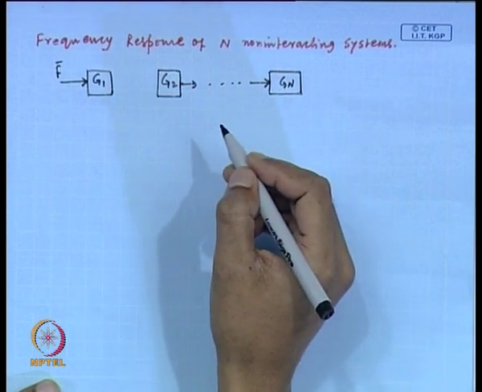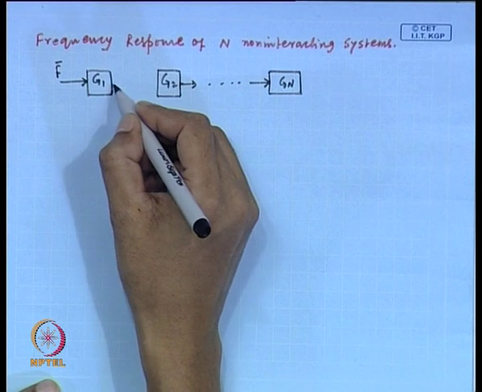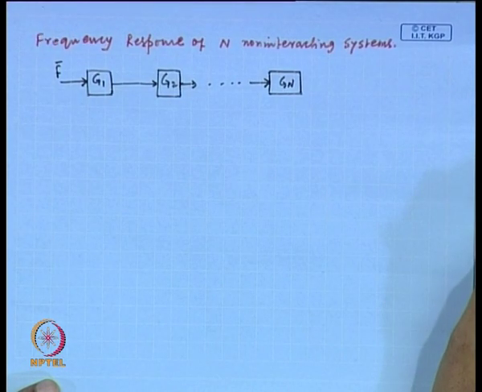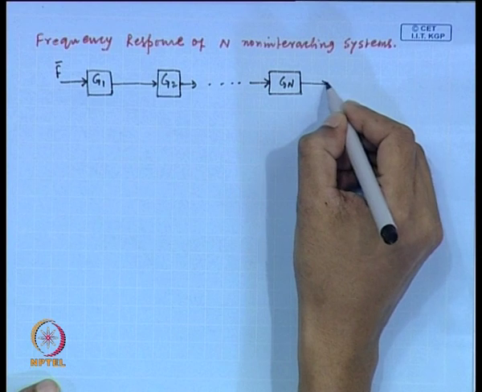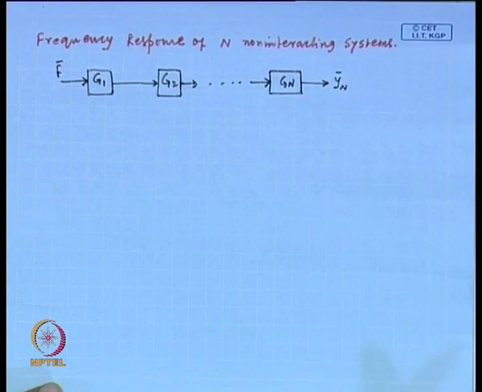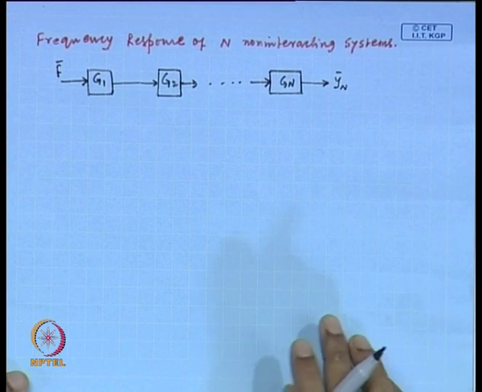So, input to the process G1 is A prime, the output of G1 is introduced as the input to G2 and finally, we obtain Yn bar. Fine. So, this is indicating the connection of n non-interacting systems.